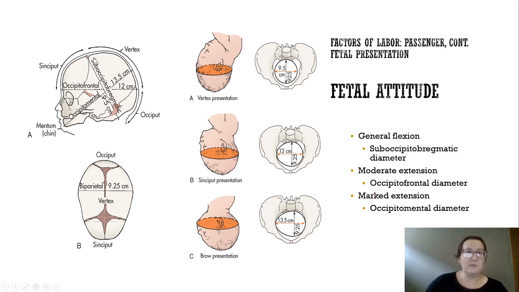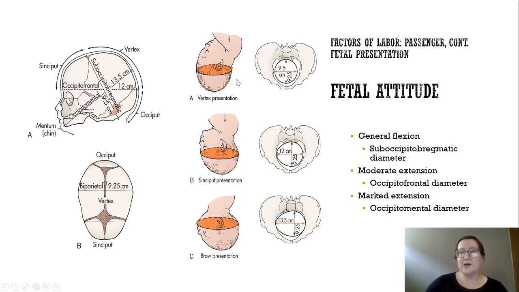So if that part, which refers to the vertex position, enters the pelvic inlet first, we are successful because we have a pelvic inlet of about 9.5 centimeters, which would allow for a successful delivery.